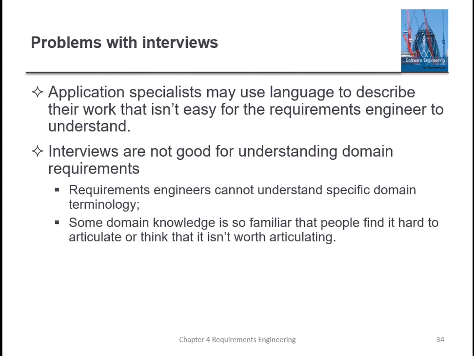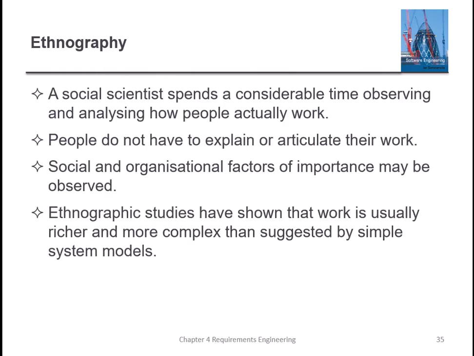Some domain knowledge is so familiar that people find it hard to articulate or think that it is not worth articulating. Ethnography is another way of discovering requirements. A social scientist spends a considerable time observing and analyzing how people actually work.